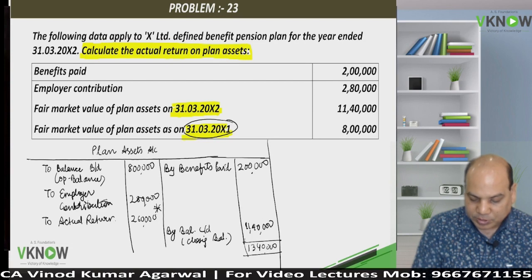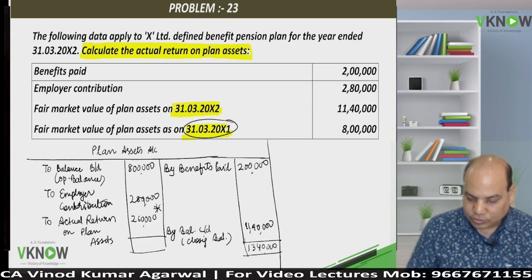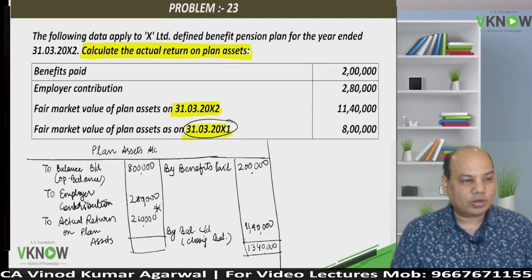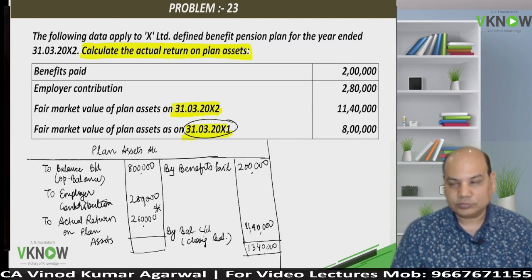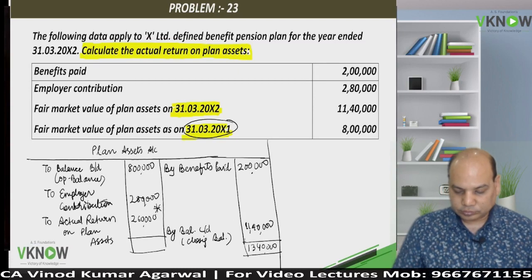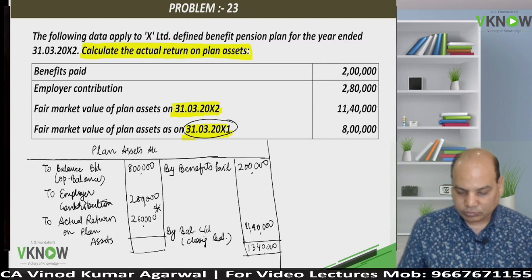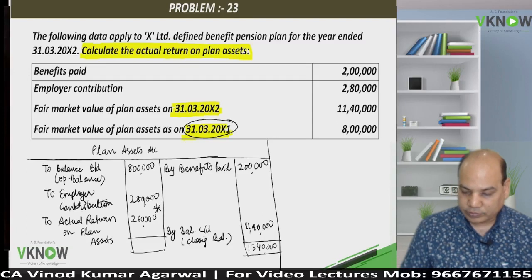The difference represents actual return on plan asset, and that is how you get the answer. Okay, done. We can solve by one more way.